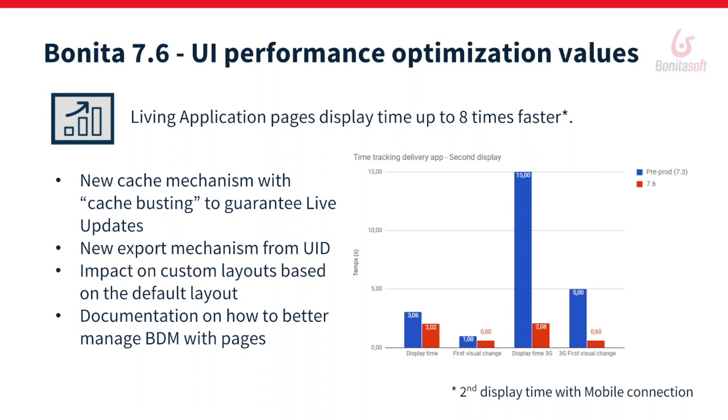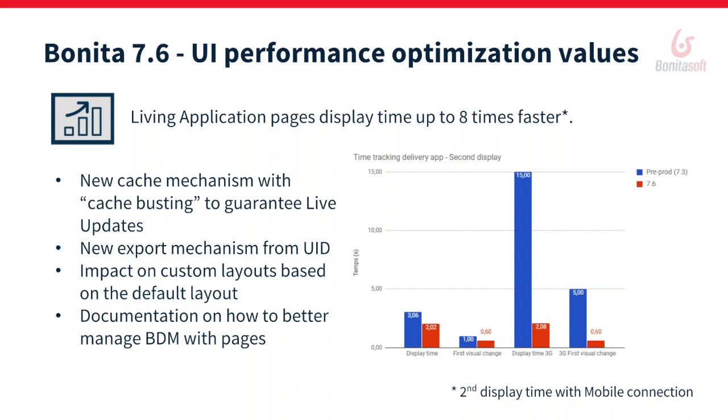First, we implemented a new default layout. The layout is used when you create an application to define the menu bar and the navigation in your application. So we provide now a new default layout that is optimized in performance.